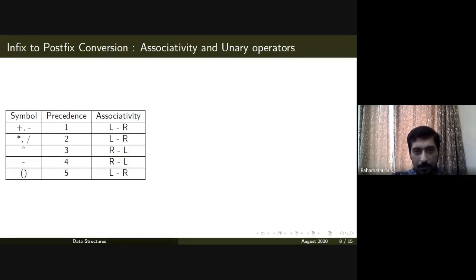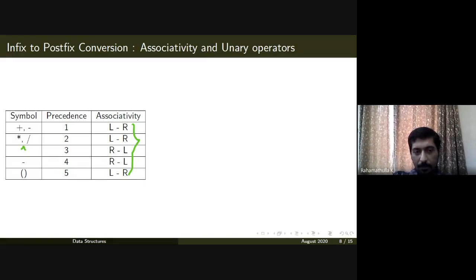Unary operators, unary minus, so something like negative of A. Then this is the raised to operator to represent A raised to B. In the previous example, we have seen 2 square and all. Here still, the part of the expression which is written in the round brackets is having highest precedence. And here I have written something else called associativity.